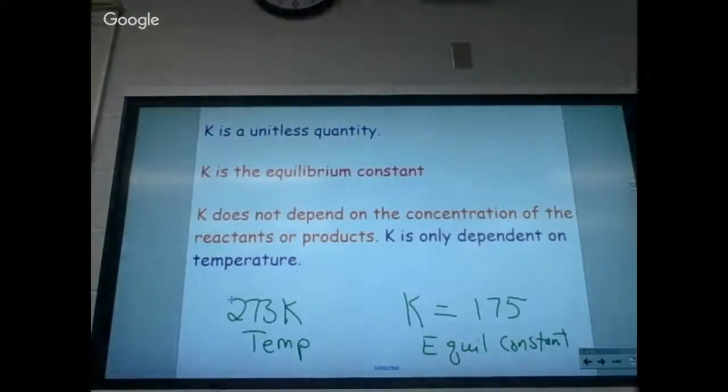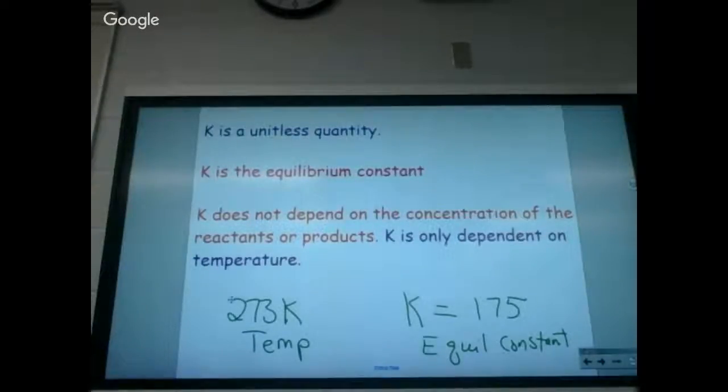Now, K does not depend on concentration at all. Completely irrelevant. However, K is dependent on temperature. It changes with temperature.